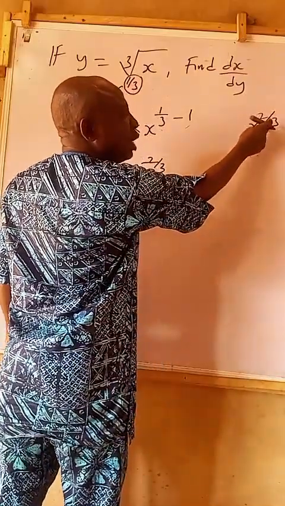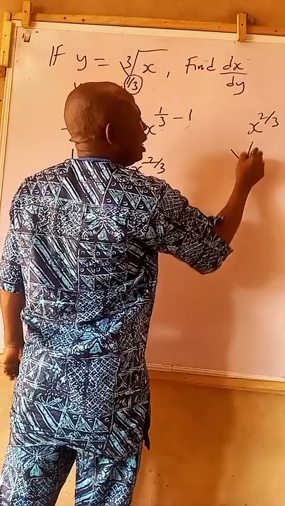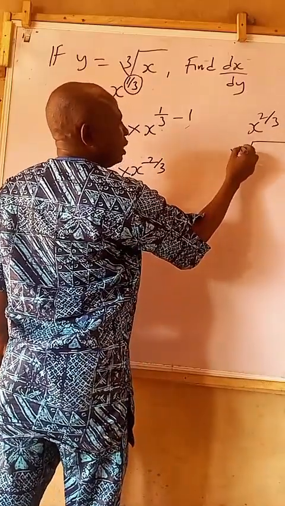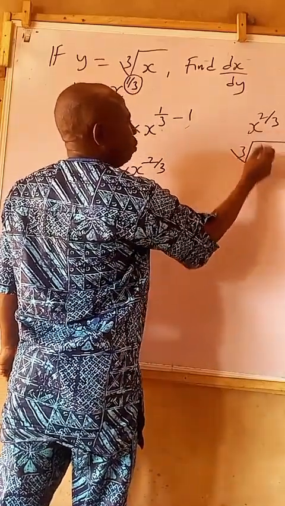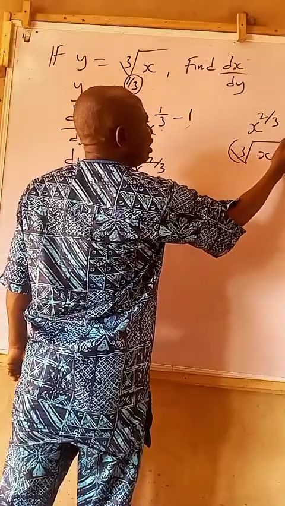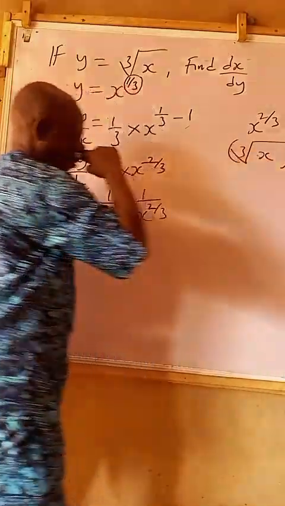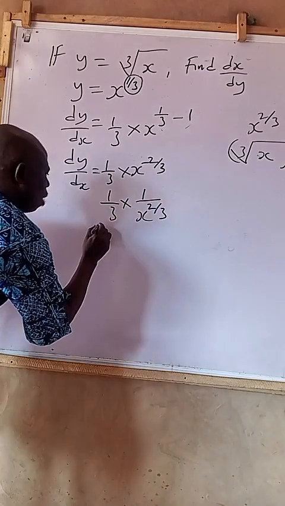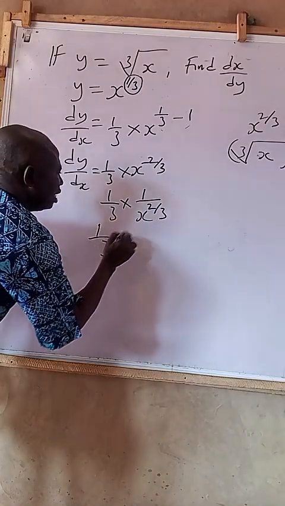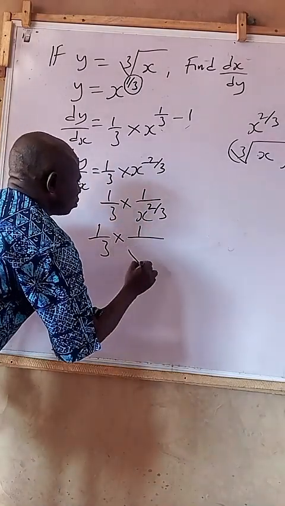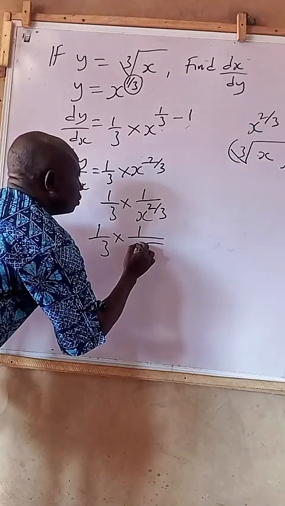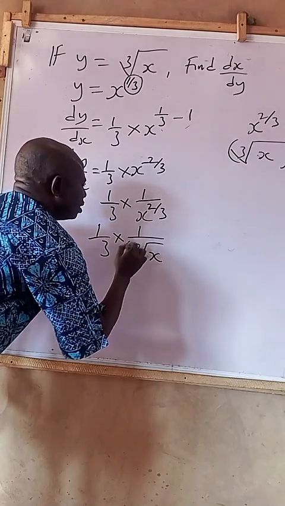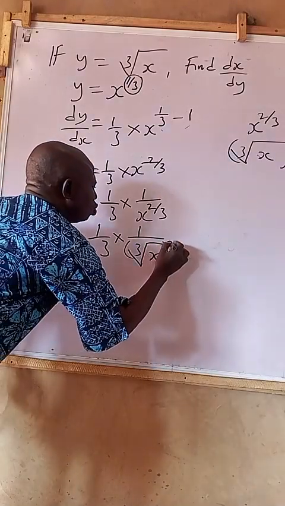Anything you have in the denominator here will be in this place. That's 3. This place will be here, and everything will be squared. That's what this one means, which means you can write it like that: 1/3 times 1 over the cube root of x, squared.